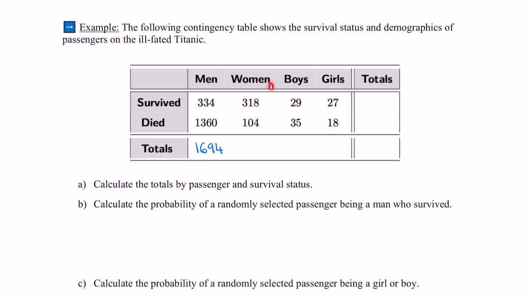For women, 318 plus 104, 422 women. Boys, 29 plus 35 equals 64 boys. For the girls column, 27 plus 18 is 45 girls.